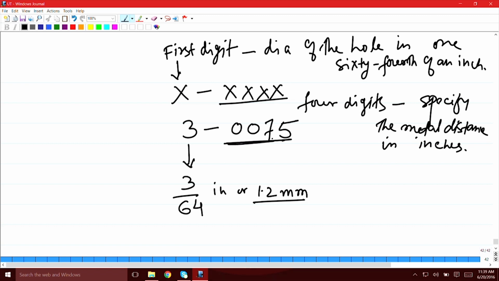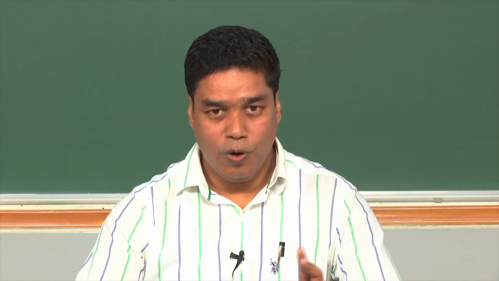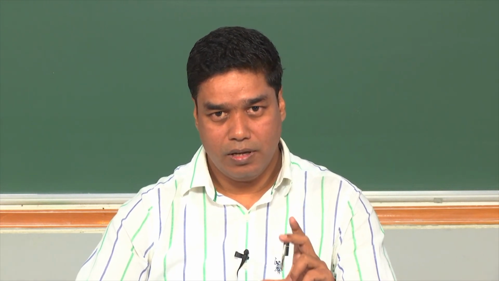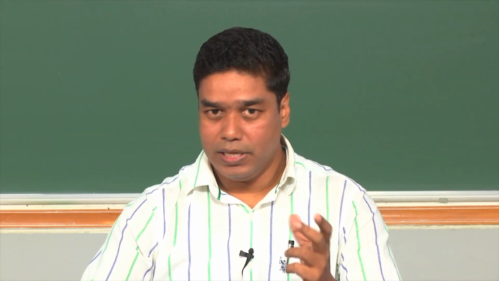So, the metal distance in this case is 0.75 inch, that is 3/4 of an inch or 20 mm. Okay. So, these numbers are given first of all to identify a particular block, but through these numbers, as you saw just now, you could also get the dimensions of the block, both in terms of the size of the hole and in terms of the metal distance.